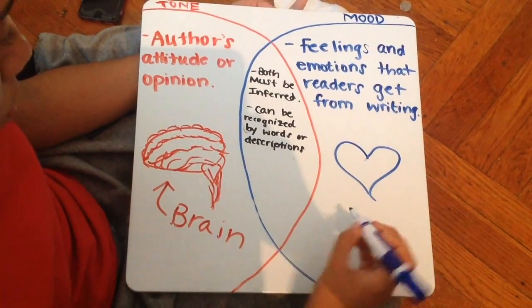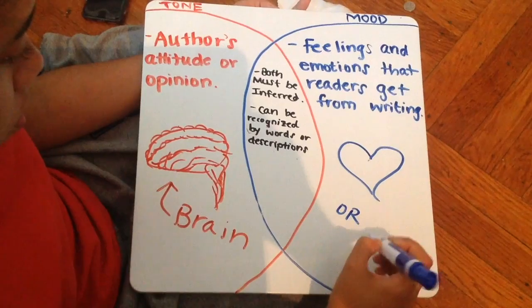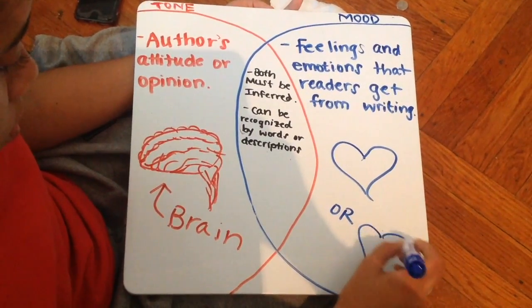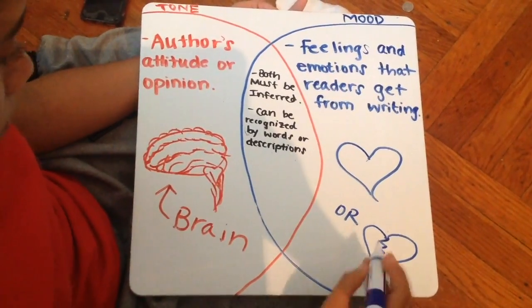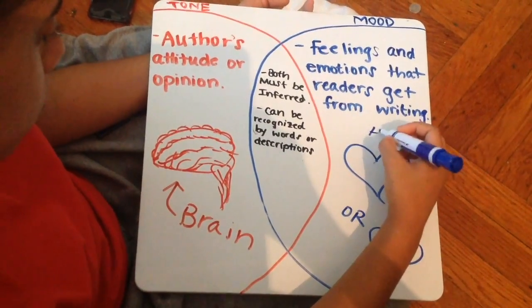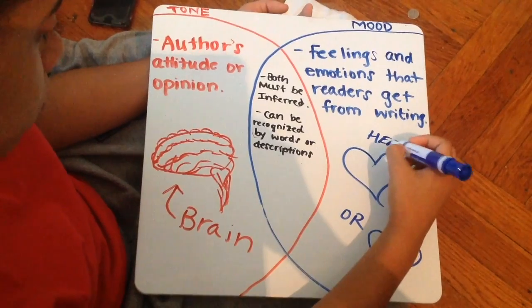Meanwhile, mood can be a heart, or let's say a broken heart, because it is an element that evokes certain feelings or vibes in readers through words and descriptions.